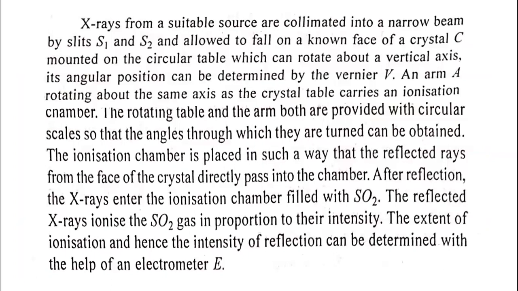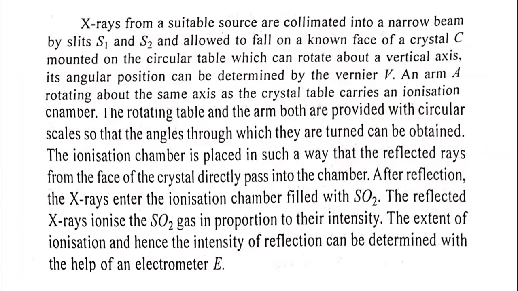The reflected X-rays ionize the sulfur dioxide gas in proportion to their intensity. If the intensity of the reflected X-ray is greater, the ionization is also greater, and the current produced will be greater.